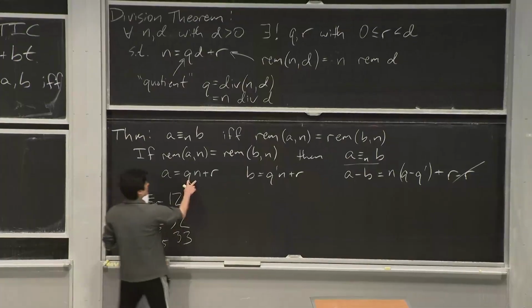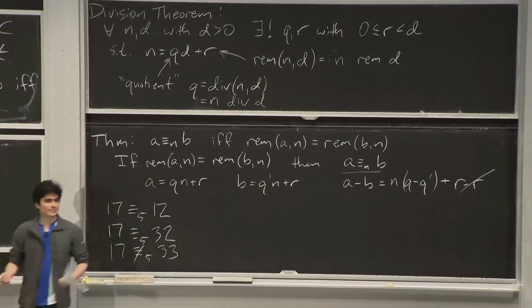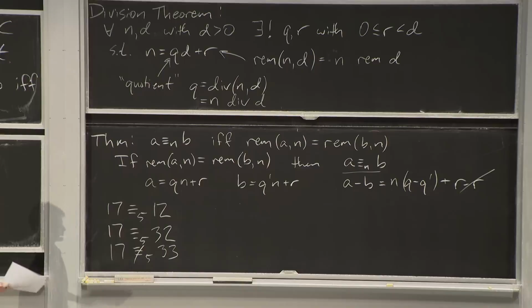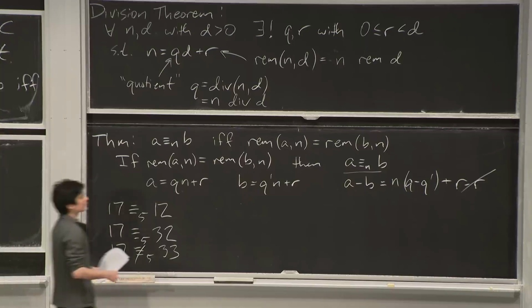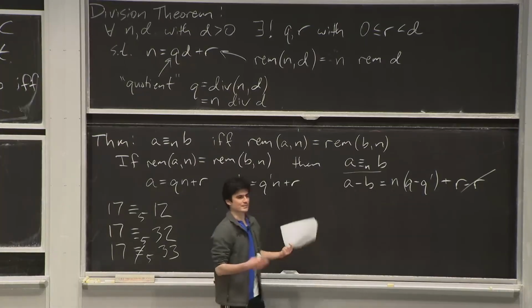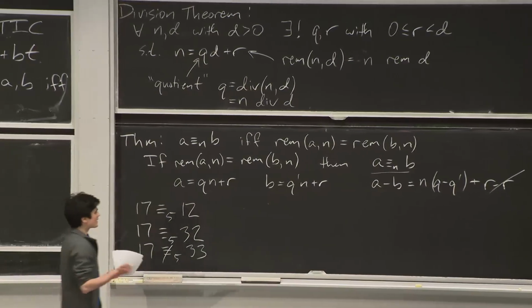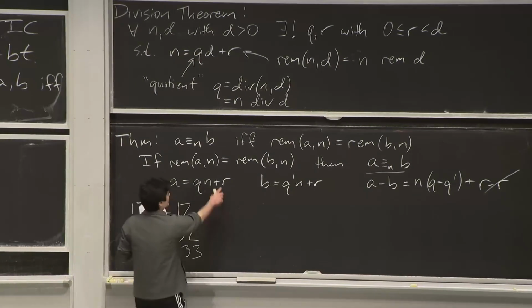Okay, so a is qn plus r. B is q prime n plus r prime, but we established that r is equal to r prime. Okay, so we're just writing that as q prime n plus r. Okay, and now in order to show that a and b are equivalent, we have to subtract and see whether the difference is a multiple of n. So in this case, when we subtract them, right, the r's cancel.